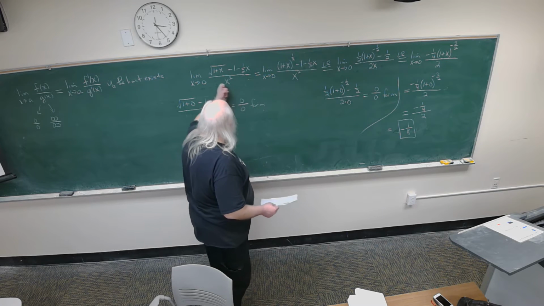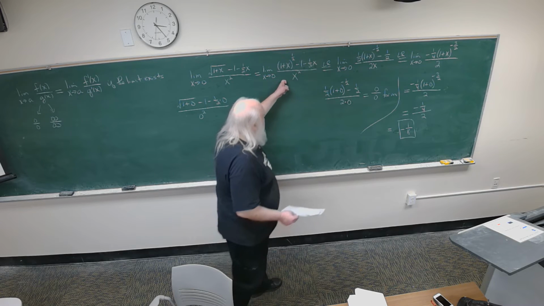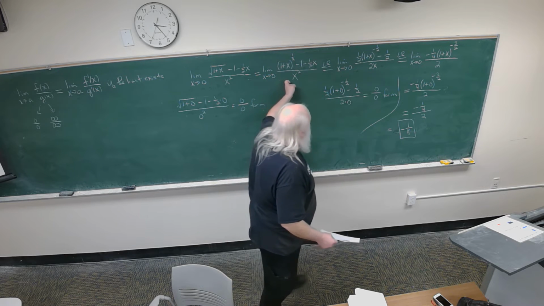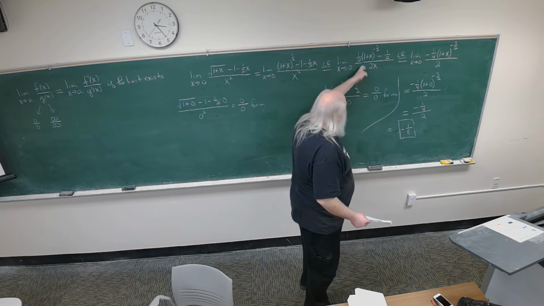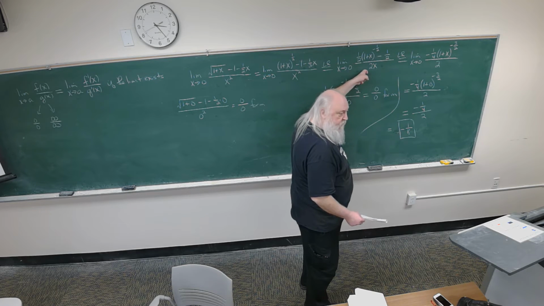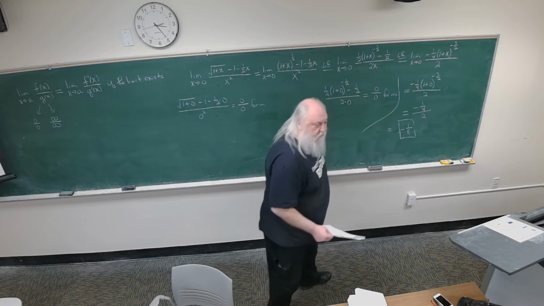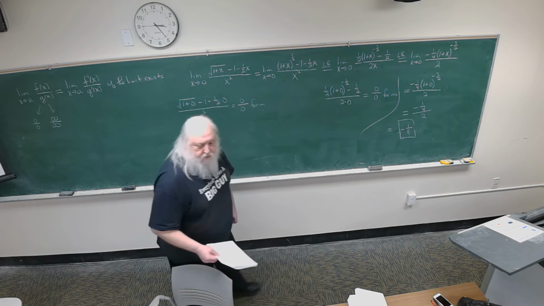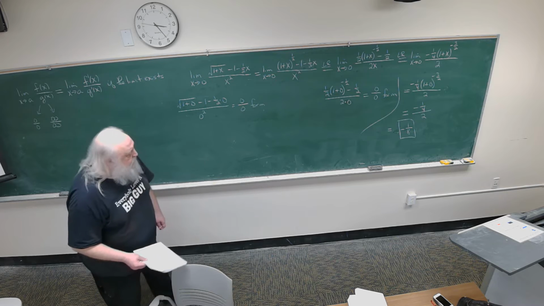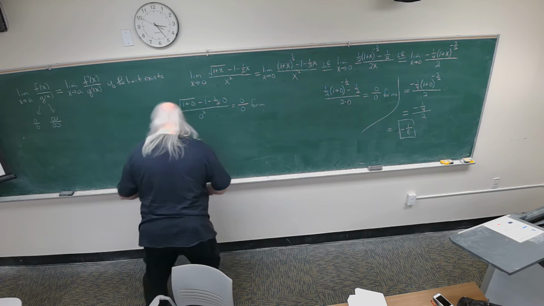We applied it here, where this is 0 over 0 form. And then we applied it again, because when we did the direct substitution, we got 0 over 0 form again. So you keep applying L'Hopital's rule until you evaluate the limit.